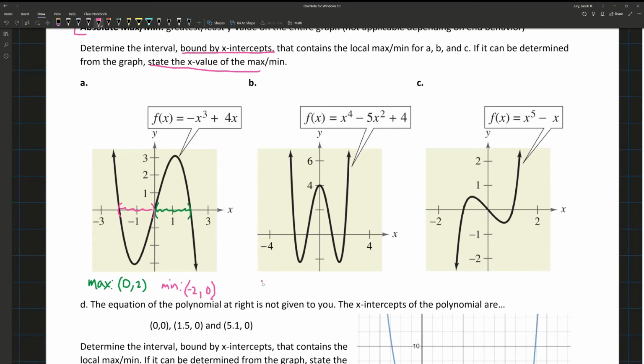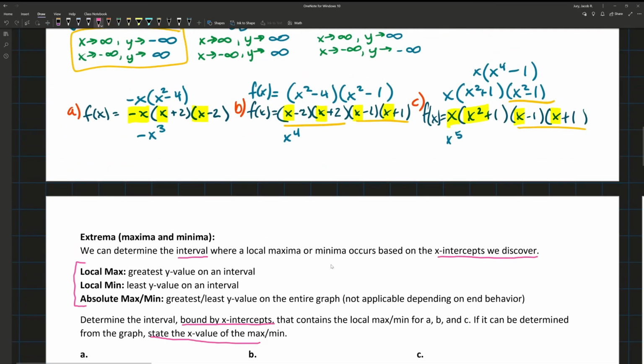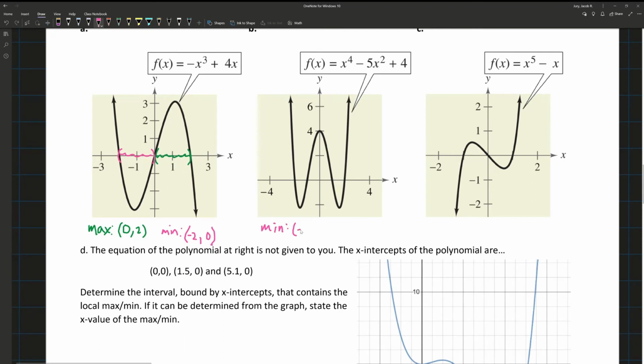On B, we have two minimums, and they occur on two different intervals. So we'll have the interval -2 to -1 and 1 to 2.